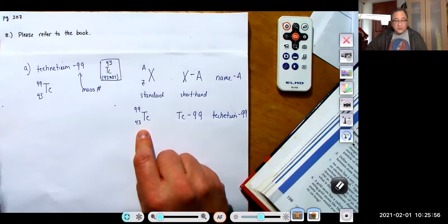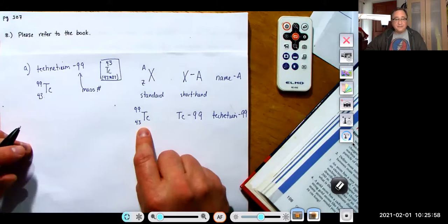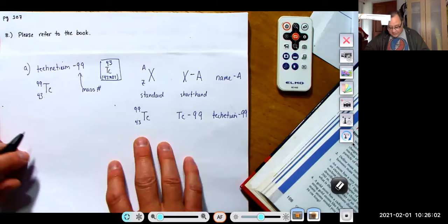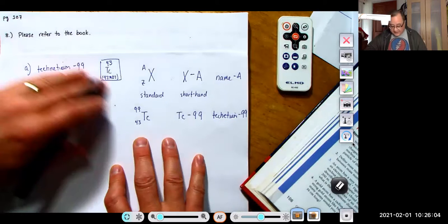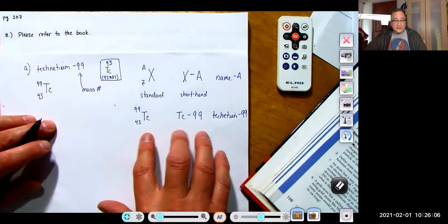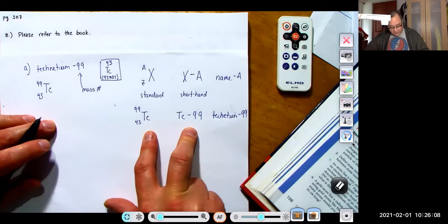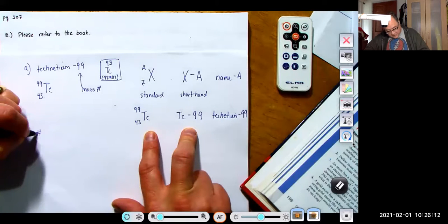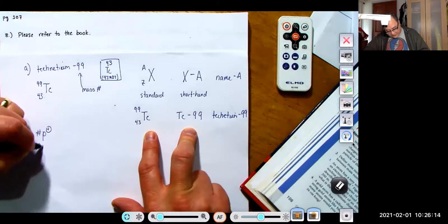And now with computers, we can do this very easily. Okay, does anyone have any questions about this particular problem and these symbols right here? Okay, so we're supposed to give the number of protons, the number of neutrons, and the number of electrons.